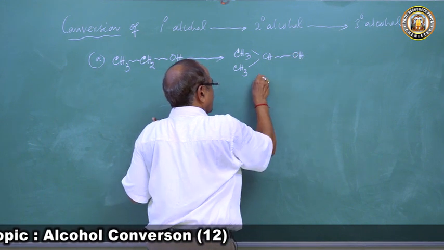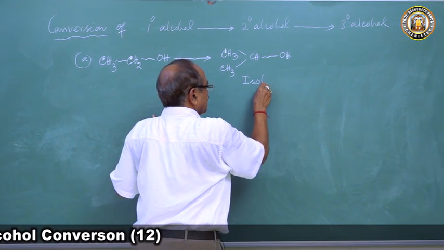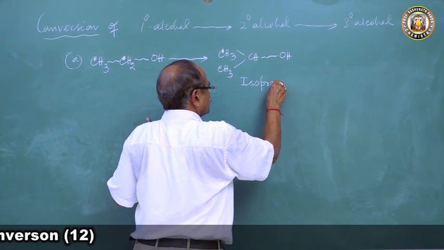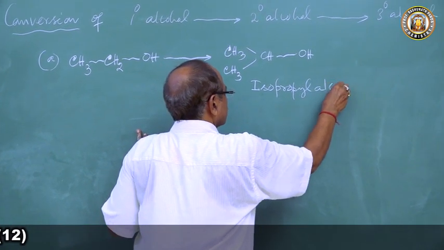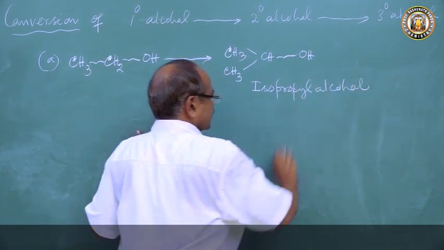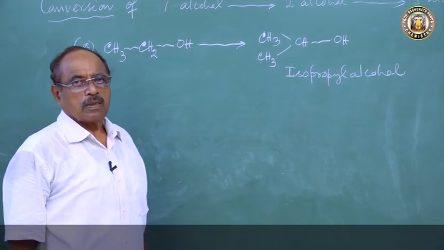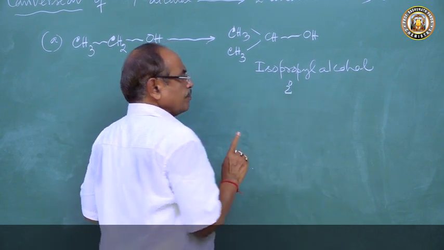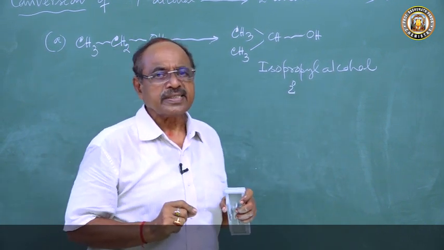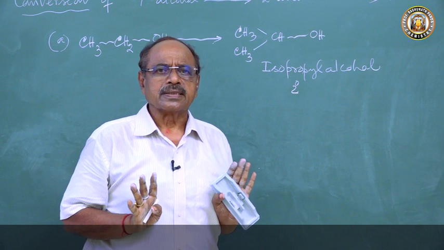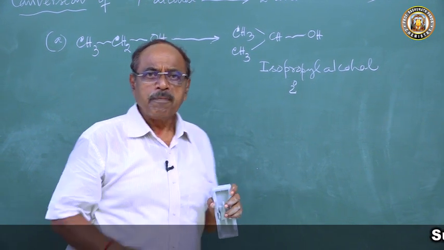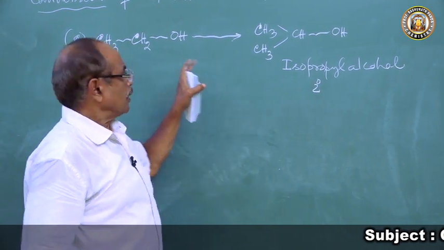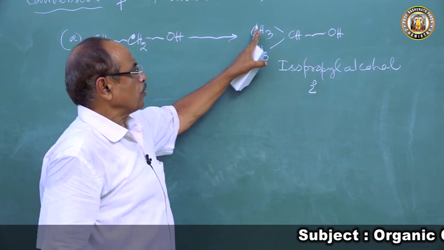This is isopropyl alcohol, a secondary alcohol. Now, whenever a question comes to you, children, never memorize the answer. Apply your mind. Compare this. What is the comparison? You have 2 carbon atoms here, here you have 3 carbon atoms.